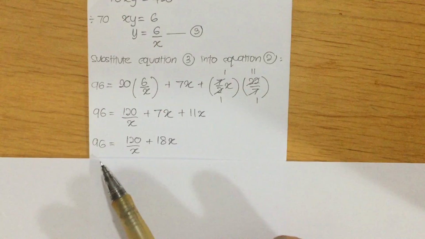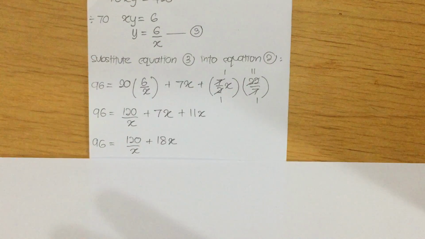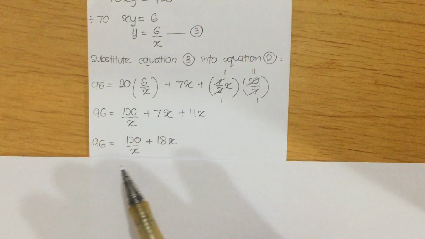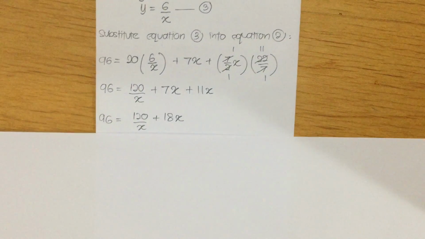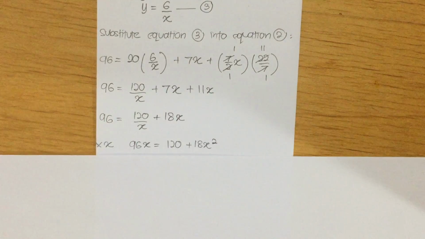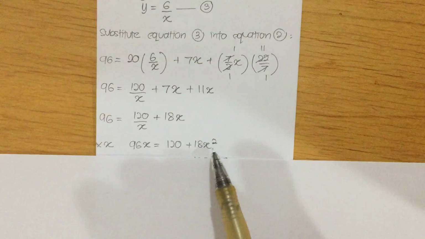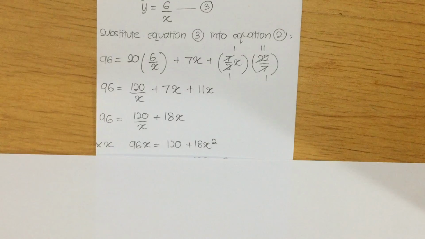So from here you get 96 equals 120 over x plus 18x. But then you have a fraction over here. So how are you going to eliminate the fraction? Very simple. You're going to times the whole equation by x. So from here you get 96x equals 120 plus 18x squared, because we have already timesed the whole equation by x.